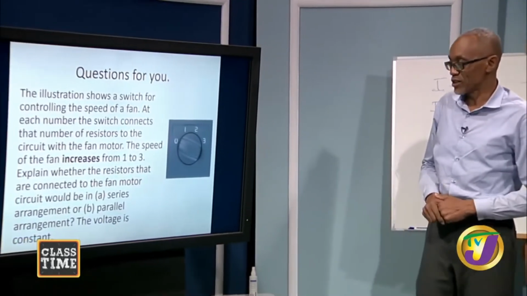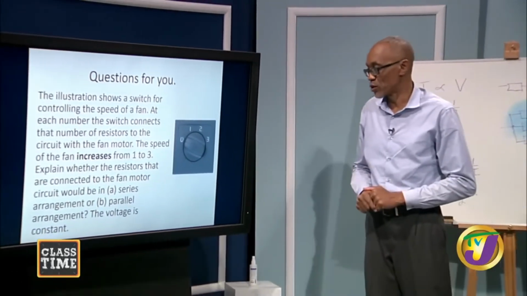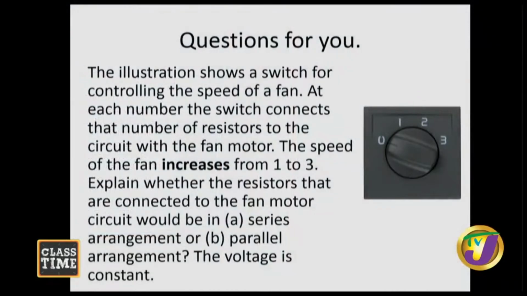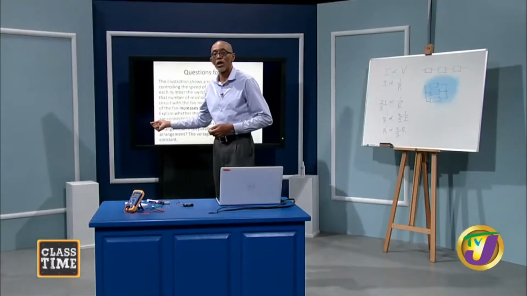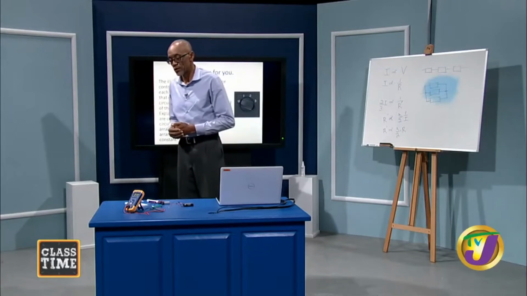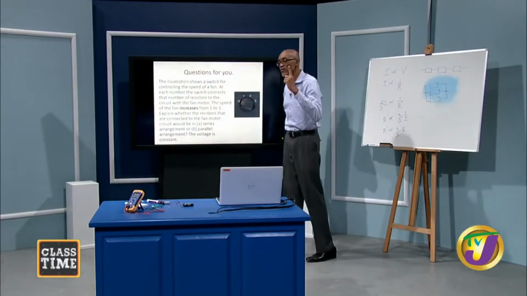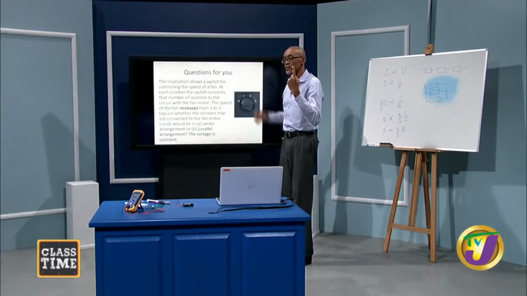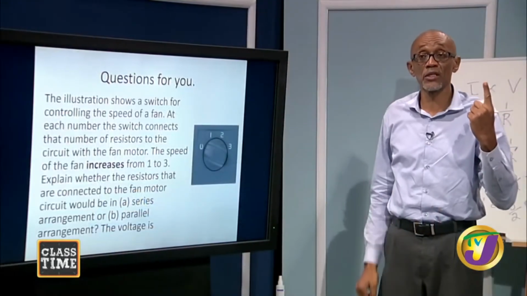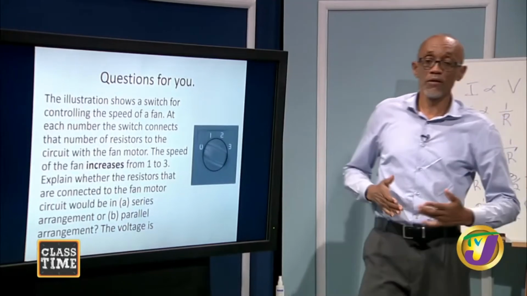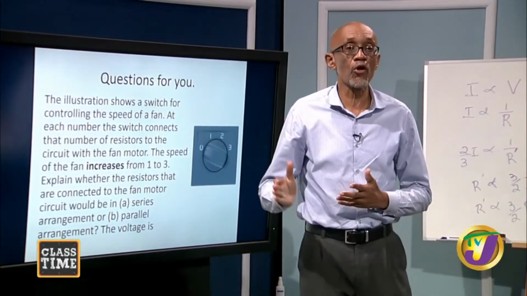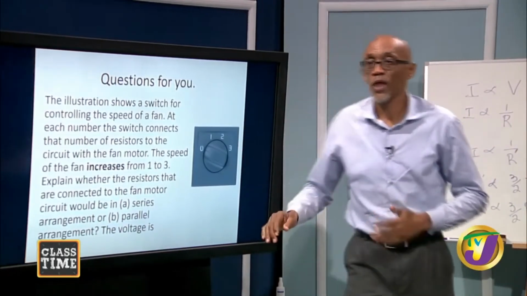Explain whether the resistors that are connected to the fan motor circuit would be A, in series arrangement, or B, in parallel arrangement. And we have a constant voltage. It's plugged into the wall, so the voltage is constant. So as I switch here, I connect one resistor to the fan motor so that there's a certain amount of current going through the fan motor.